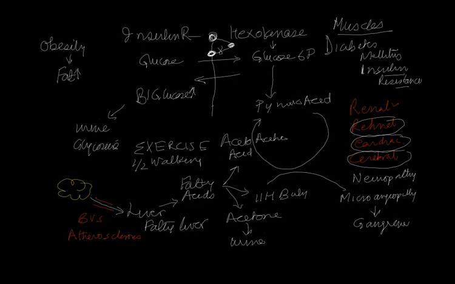Half hour of walking, if you do it 1 hour, if you do it 2 hours, it doesn't make a big difference. But from 0 to half an hour of walking makes a lot of difference, and these insulin receptors are restored. And if you do a weight loss, then also this mechanism is reversed.